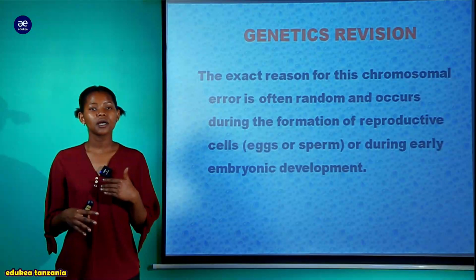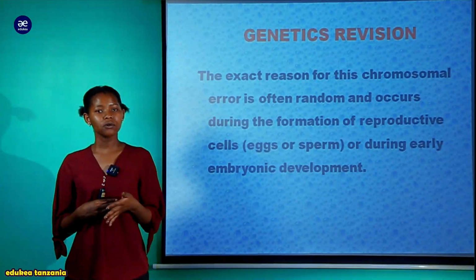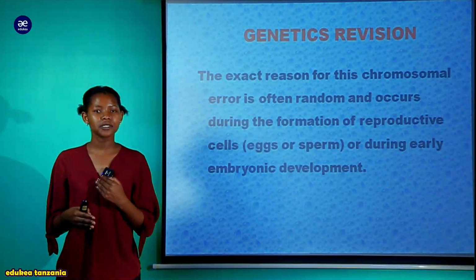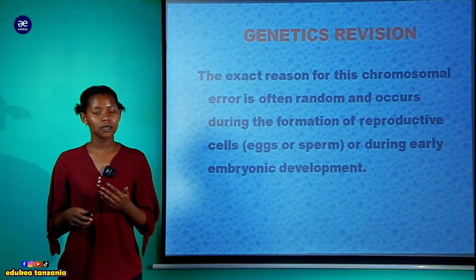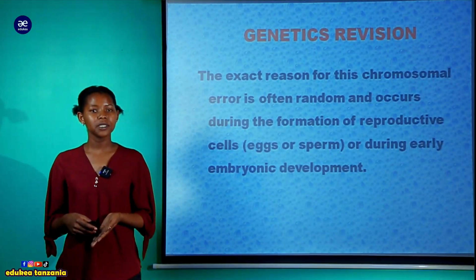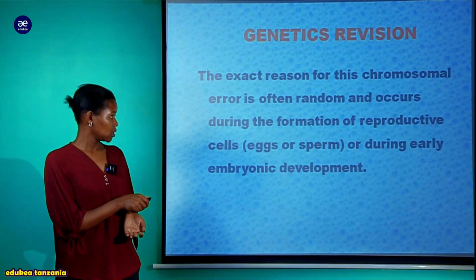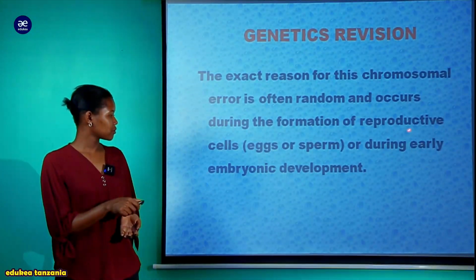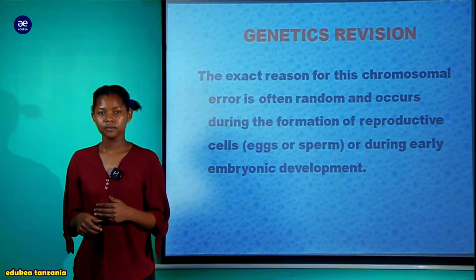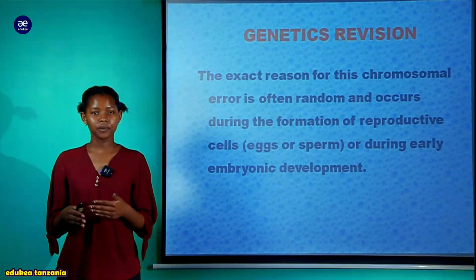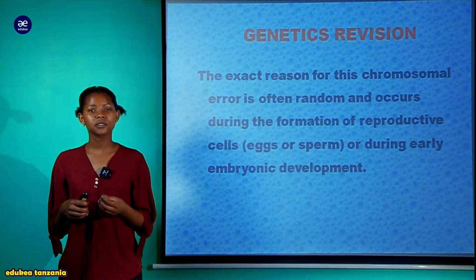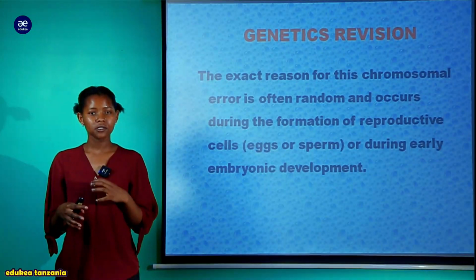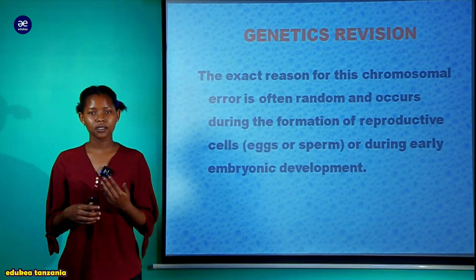So inaweza ikapelekea the absence of the X chromosome kwa sababu ya its randomness, na pia inakaa katika early stages of embryonic development, au inatokea during the formation of reproductive cells. Zile cells kwa ajili ya reproduction, maybe kwenye ova ama kwenye sperm, ilo tatizo likatokea at that time.